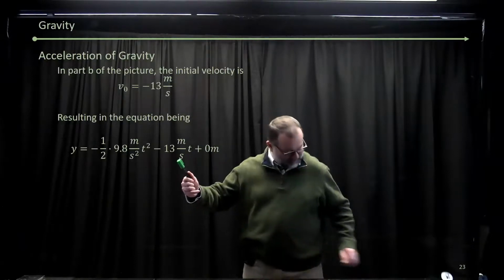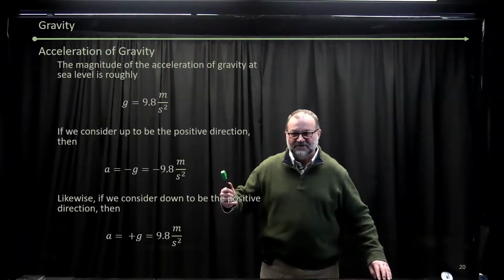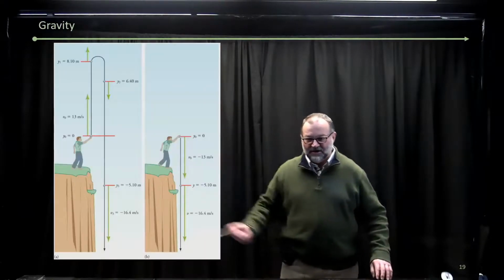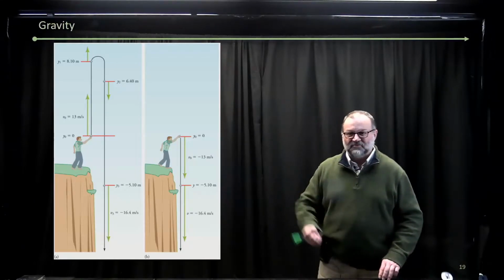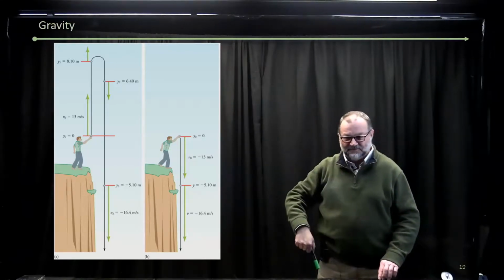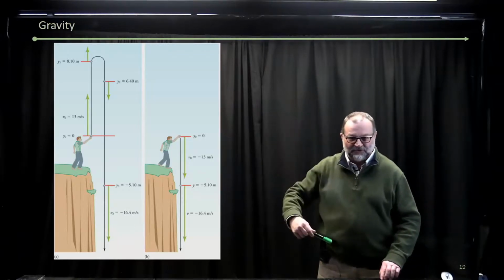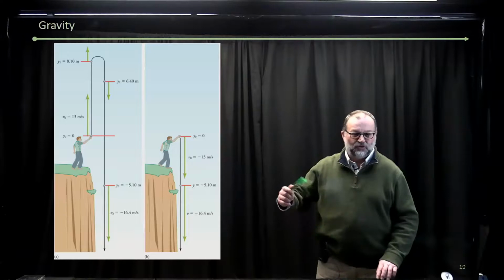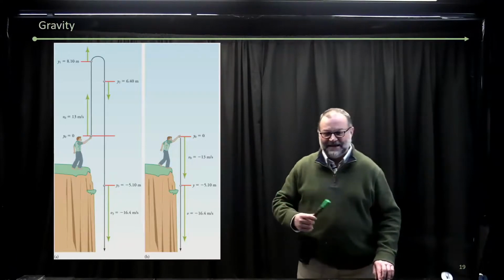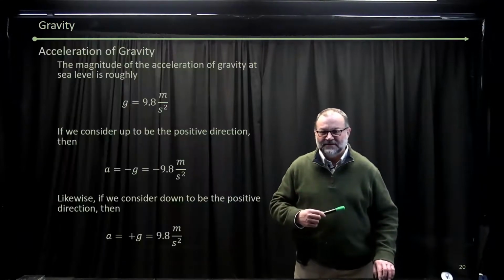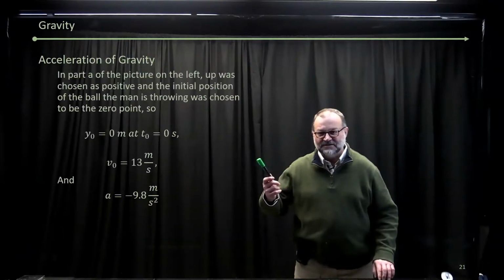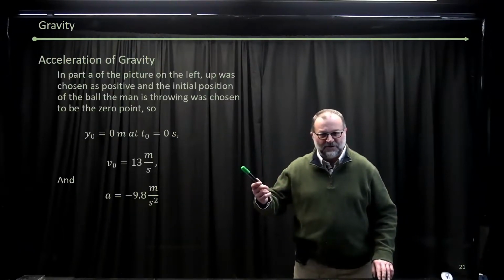Does that all kind of make sense? All right, let's back up and take a look at it. We're talking about this problem where the guy throws the rock up and it goes down. And then we're talking about a second problem where he simply throws it down. If you look at how all of that fits into the equations, we have our acceleration and our initial quantities y naught and t naught.